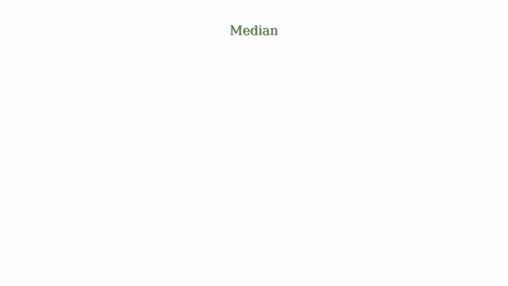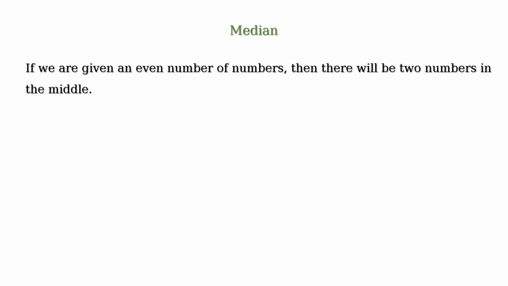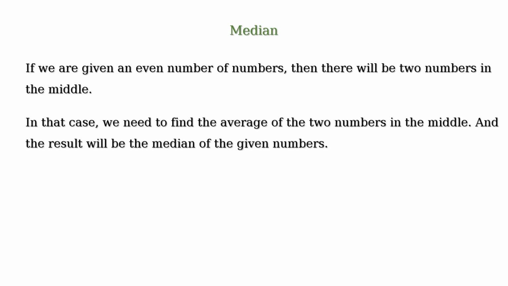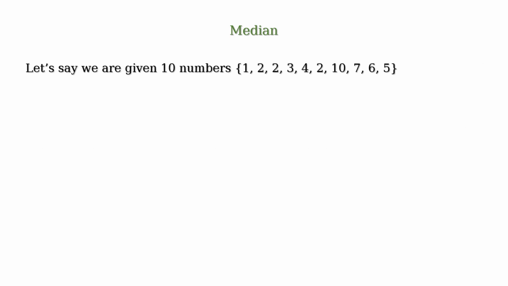Please note that if we are given an even number of numbers, then there will be 2 numbers in the middle. In that case, we need to find the average of the 2 numbers in the middle and the result will be the median of the given numbers. For example, let's say we are given 10 numbers and we want to find the median of the numbers.